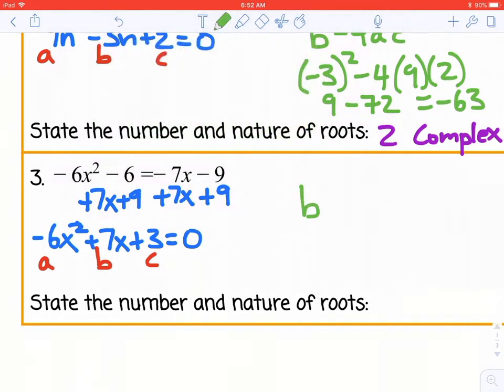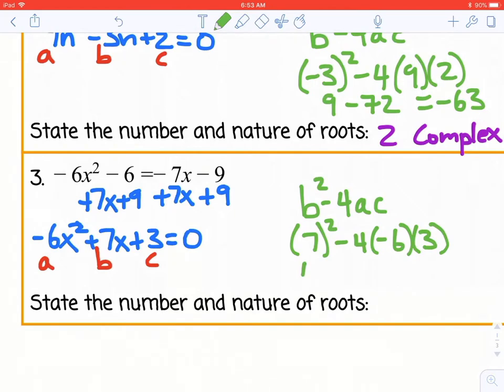And then, just using my discriminant formula, so B squared minus 4AC is my formula. I plug in B, which is 7, so 7 squared minus 4 times negative 6 times 3. And that gives me 49 minus 4 times negative 6 is 24 times 3.